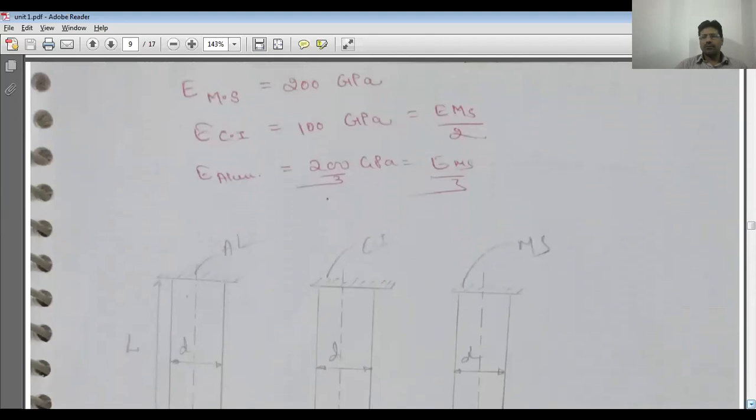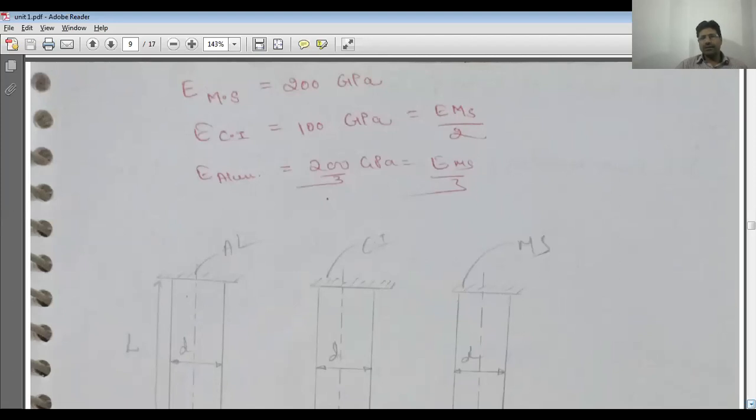So we have seen that Young's modulus of elasticity for mild steel is 200 gigapascal, for cast iron it is 100 gigapascal, and for aluminium it is 200 by 3 gigapascal.